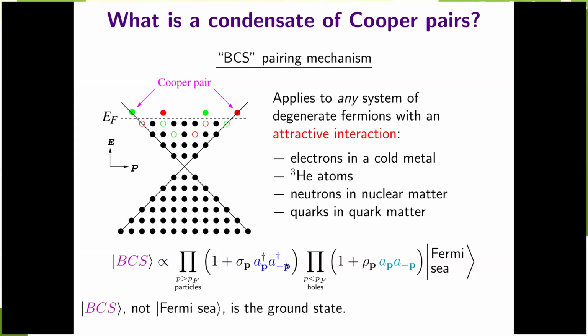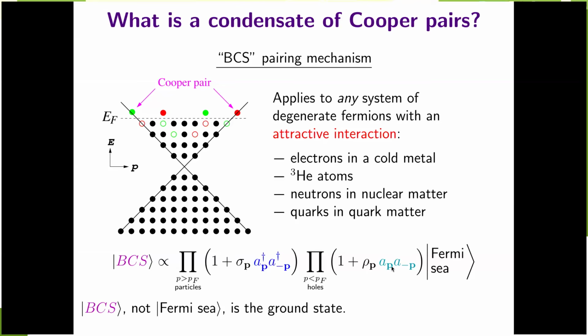They're created together. So in each momentum mode, you've got a superposition of nothing happens in this momentum mode versus, plus some probability here, this sigma P, that we have a Cooper pair in that momentum mode, a pair of fermions.